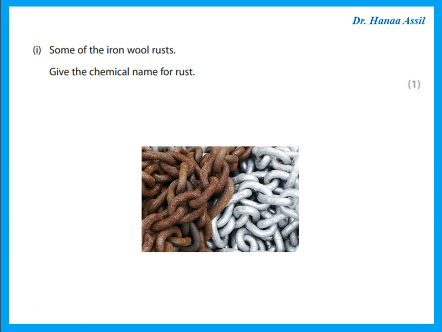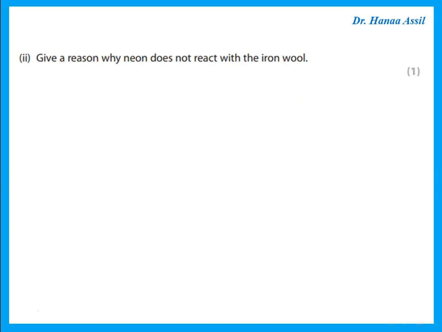And the name of rust is what? Remember that the iron took water and oxygen in order to rust. The final substance is called hydrated iron(III) oxide, Fe2O3, iron(III) oxide, hydrated iron(III) oxide. This is what we call rust.